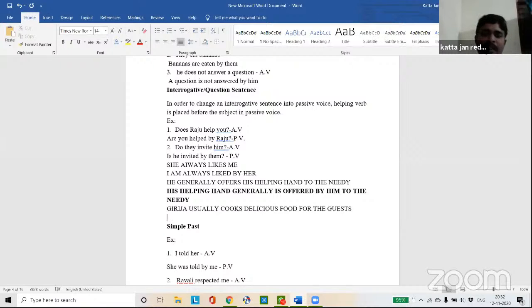I think you should be ready with pen and paper. You need to write the sentence like this and change it in your notebook, right?